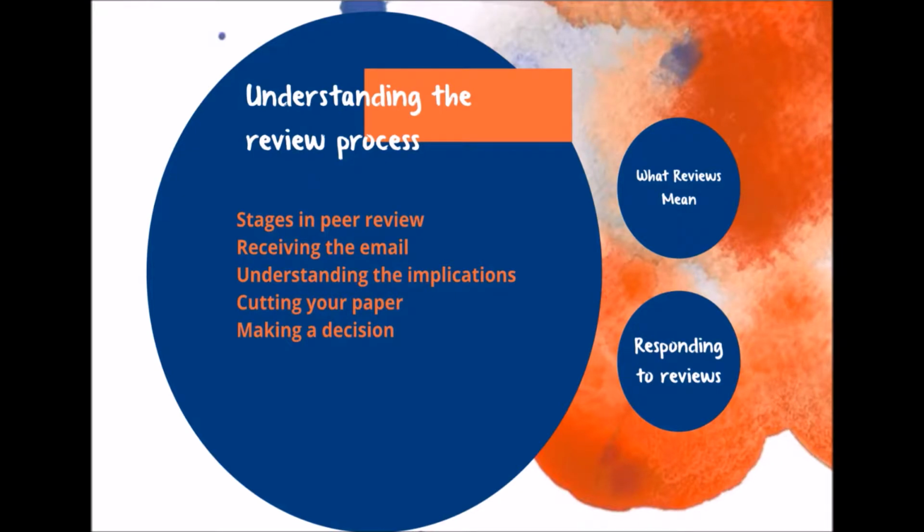Your paper has been accepted. Your paper is accepted with minor revisions. It's been returned with major revisions, or the paper is simply rejected. And then you have to go about doing the revisions within the process of keeping it within the guidelines.